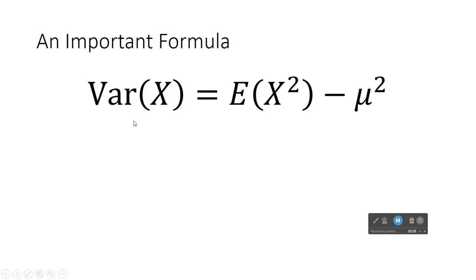And so an important formula that relates these: the variance of x is equal to the expected value of x squared minus the mean squared. And here I'm using the mean to simply stand in for the expected value.